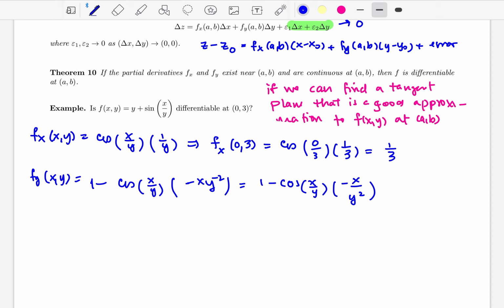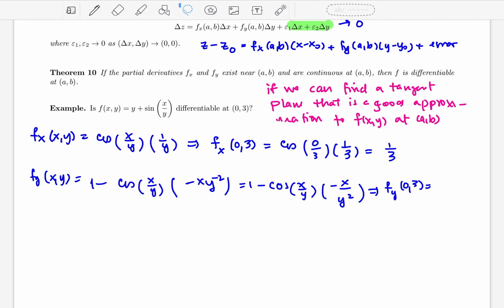That tells me f_y at (0, 3), I plug in x equals 0, y equals 3, and I get 1 minus cosine of 0, which is 1, times, oh, all this work just to get 0. So this is equal to 1.